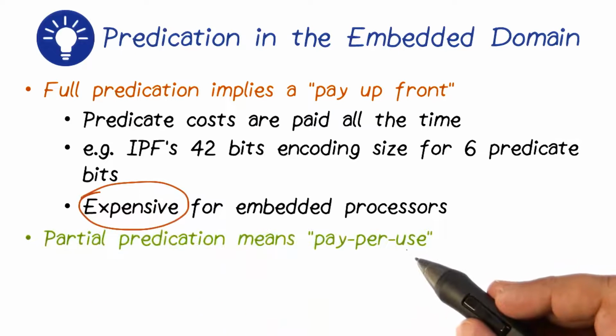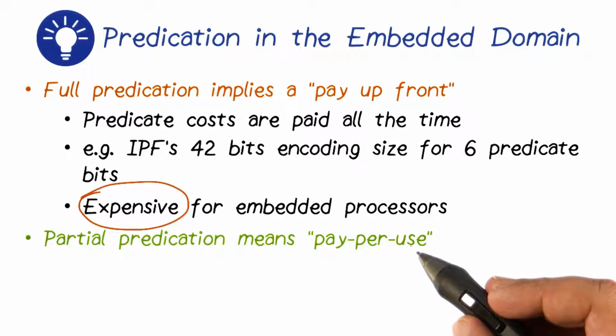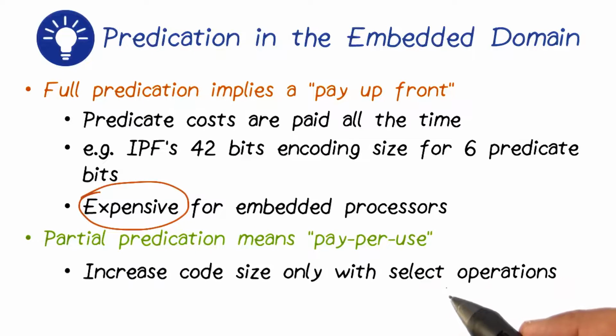On the other hand, partial predication, which means the use of a conditional register and an instruction which will take two different results and decide which one to use, is the right way to go because this is a pay-per-use model. The instructions remain simple.